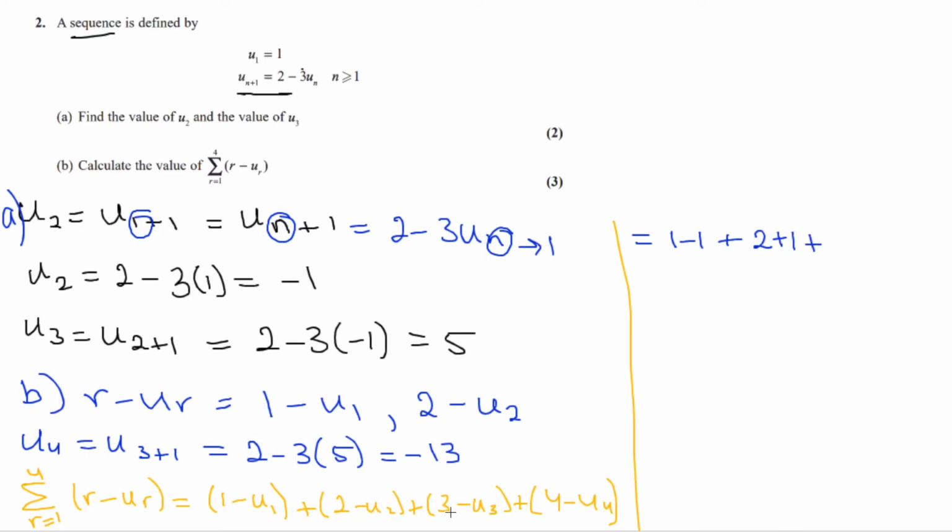And then we've got 3 minus U3, which is 5, so I've got 3 minus 5 plus 4 minus negative 13. So if it's 4 minus negative 13, I can say it's 4 plus 13. When you put those values through your calculator, or if you add those up, you get 18. And that's the final answer.